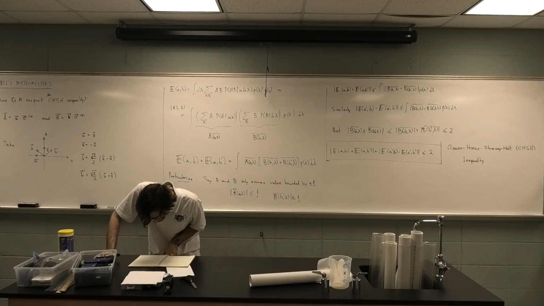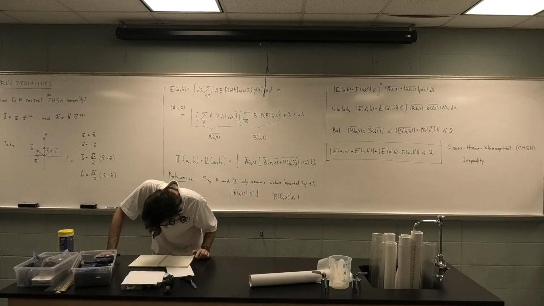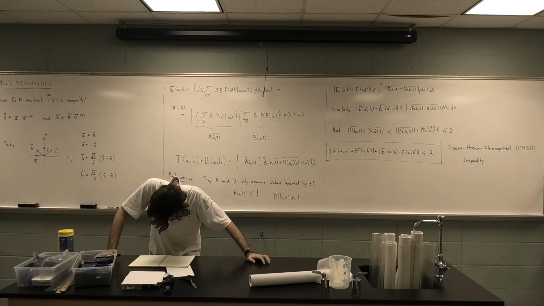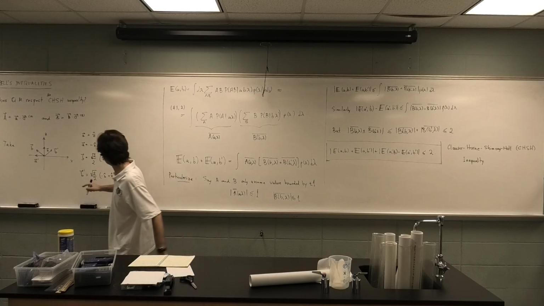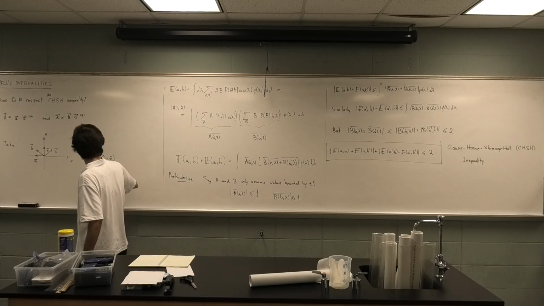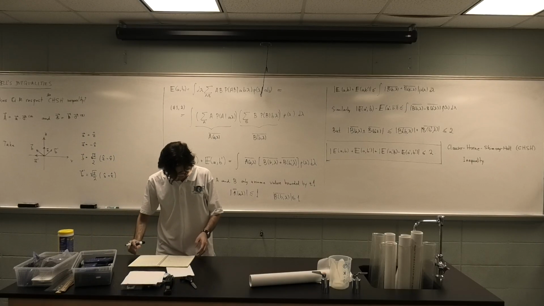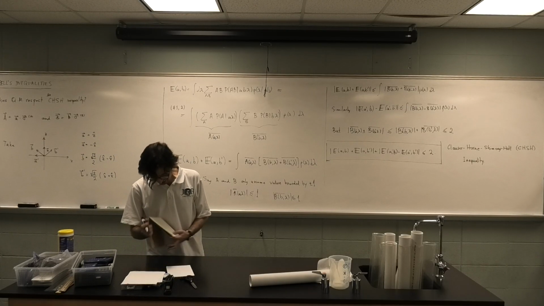Which convention did I use? I got the one that has a minus sign, B prime. Yeah, I think I chose this one. So I chose it with plus plus. I chose this one. So trust the feeling. Anyway, okay.